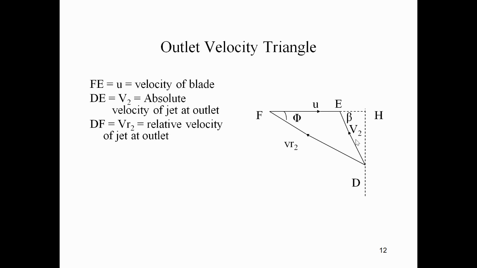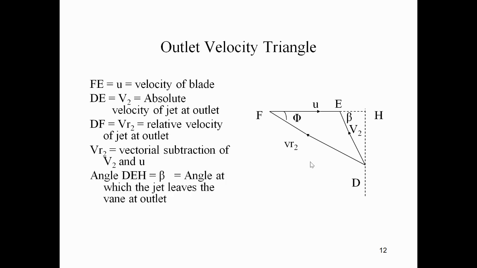VR2 is nothing but the vectorial subtraction of V2 and U. This one we can see here. So VR2 is the vectorial subtraction of V2 and U.